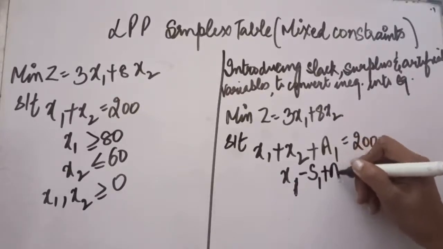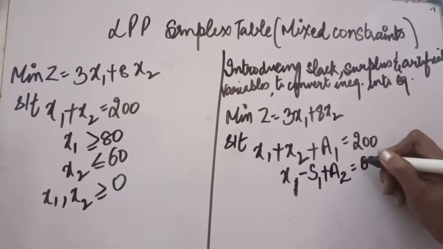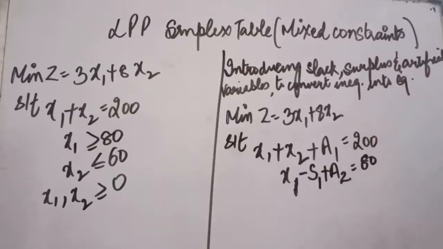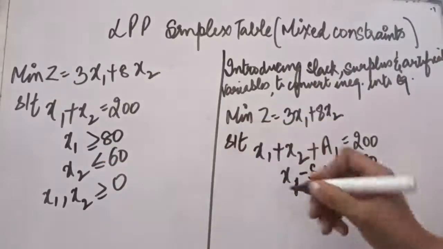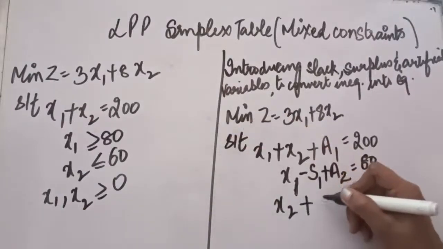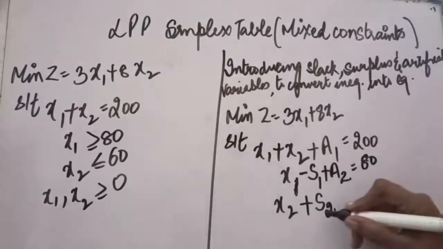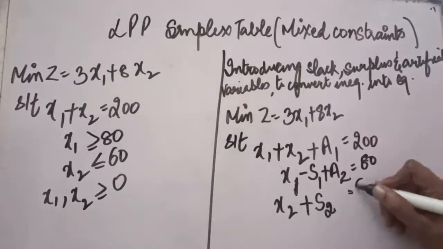Whenever the surplus variable comes, the artificial variable will also come. As a1 has already been introduced, it will come as a2. The third constraint is x2 less than or equal to 60. Whenever a less than sign is there, we introduce a slack variable. S1 has also come, so it will come as S2.